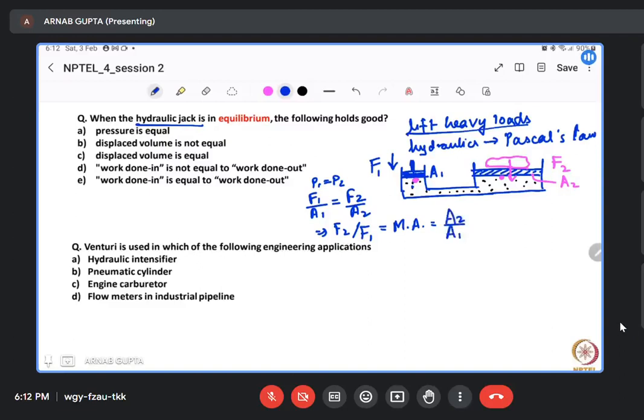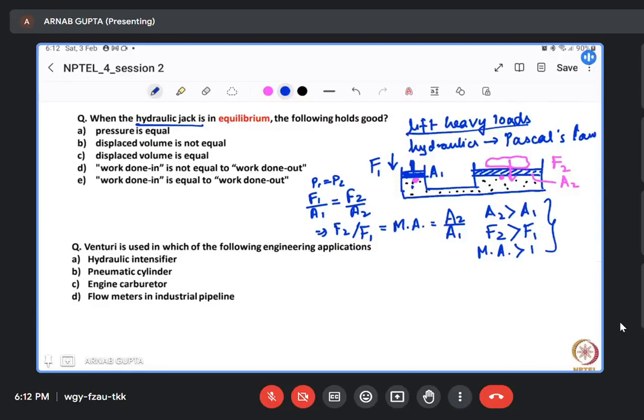Since A2 is greater than A1, F2 will be greater than F1, so our mechanical advantage will be more than 1. This is just the basic principle. I hope you're all acquainted with this.